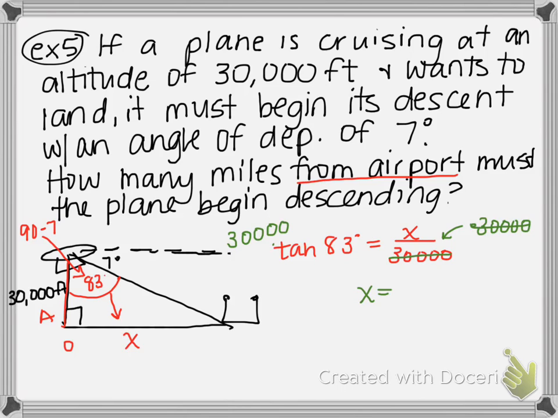So then x is going to equal 30,000 times tangent of 83, which is going to be 24,400, excuse me, it's actually going to be 244,330.4 feet. So they need to begin their descent just over 244,000 feet from the airport to make sure that they can reach the airport with that angle of depression.